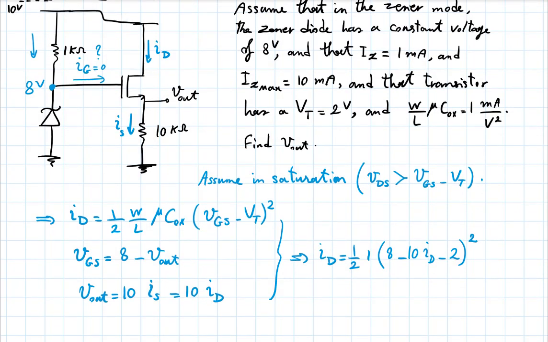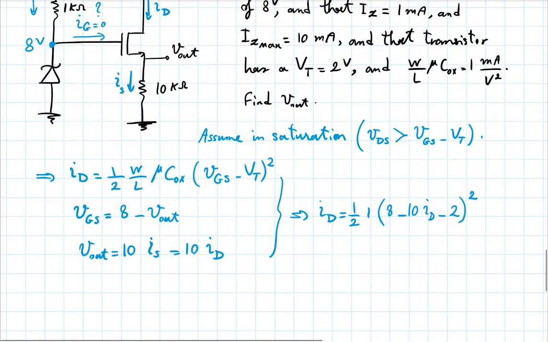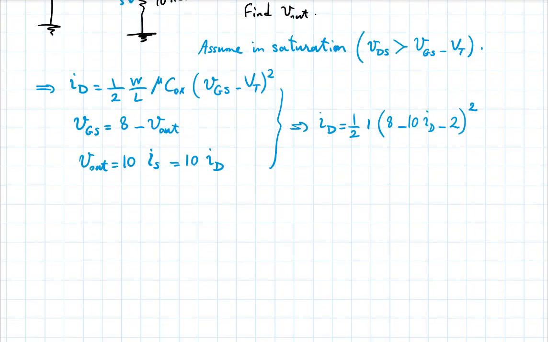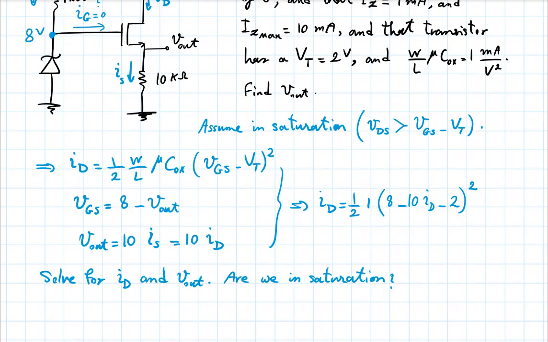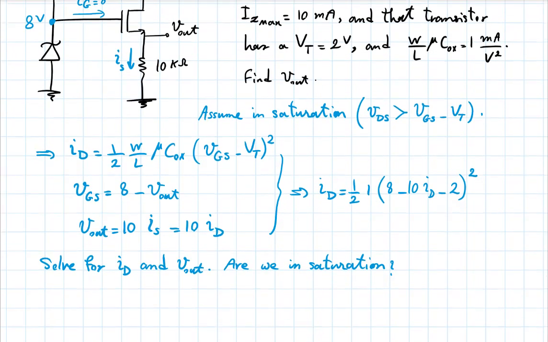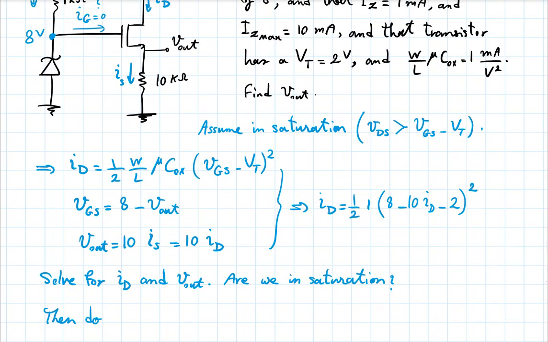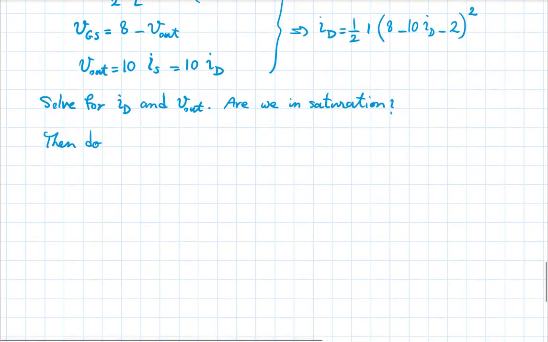Now here is a question I want to leave you with. Solve for ID and V out, and verify, first of all, whether this is correct and we are in the saturation mode. Solve this. Then do another problem. If we are not in saturation, if we are in triode, then solve it again.